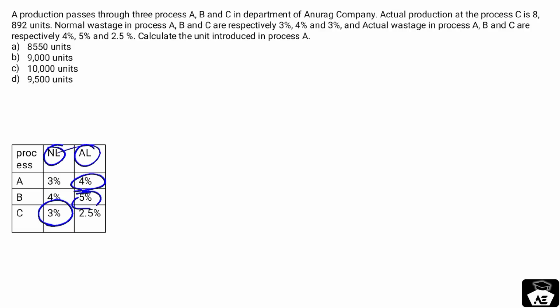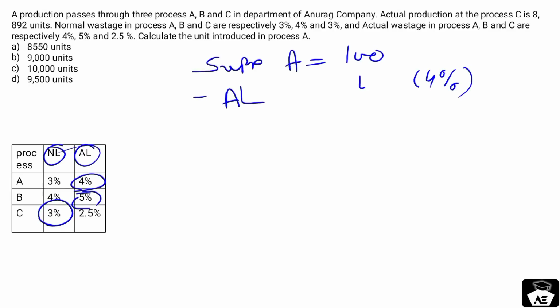Again, same way, suppose units introduced in process A is equal to 100, less actual loss, that is 4%, so it will be 4.